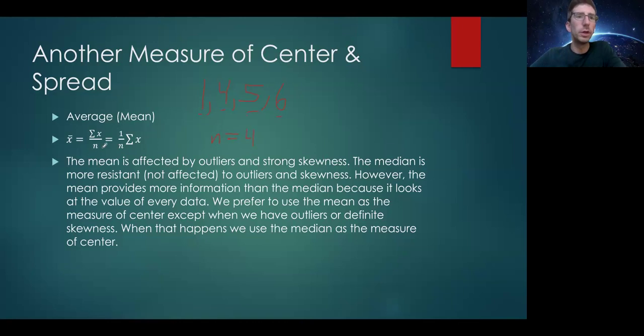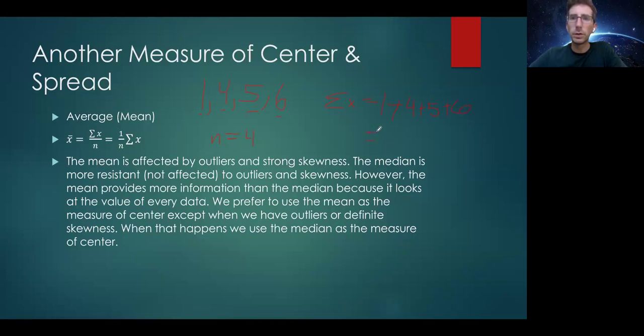Okay, so we found n, which is great. Now we need to find the sum of our x's, which is just the sum of our data. So we'll take 1 plus 4 plus 5 plus 6.